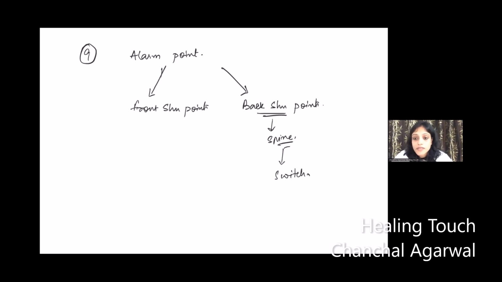Those who have done semester 1 or those who have done correspondence with me, I always say the back shoe points act like a switch for the organ or switch for the meridian. Why? As you switch on or switch off any electrical appliance to work, similarly, if you apply the back shoe point, it activates the meridian or the organ.